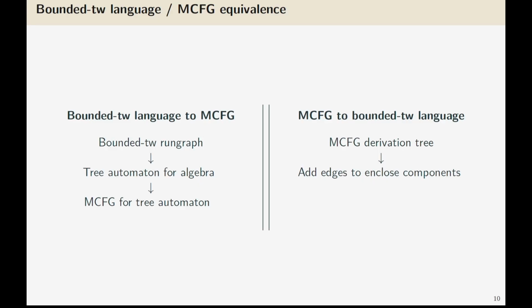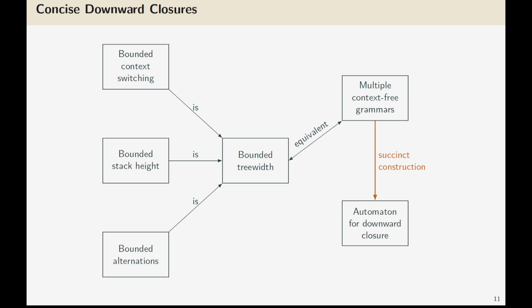In the other direction, we start from the derivation trees. We add some edges that tell us where one register starts and where it ends. And then we can show that the graphs that result from that are in fact MSO definable. Just a brief overview. If you want more detail, either find me afterwards or read our paper.